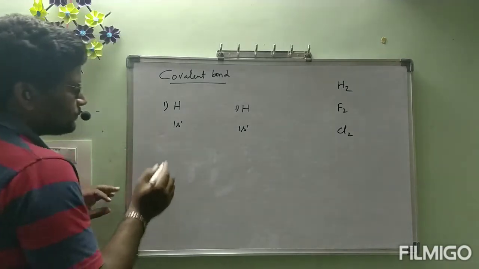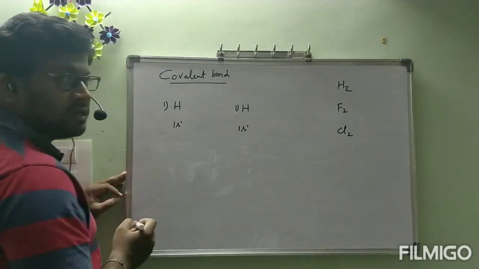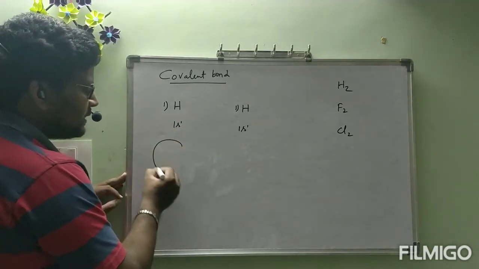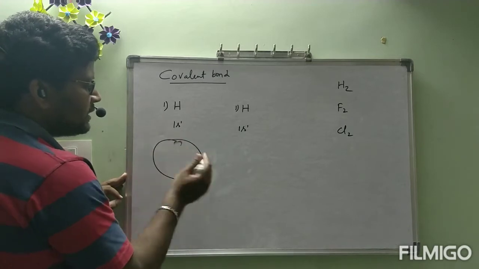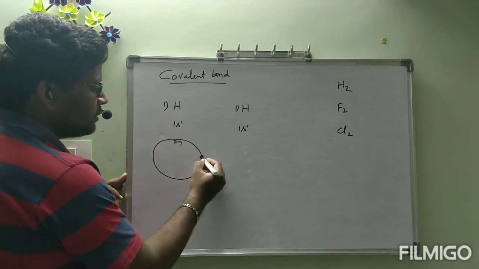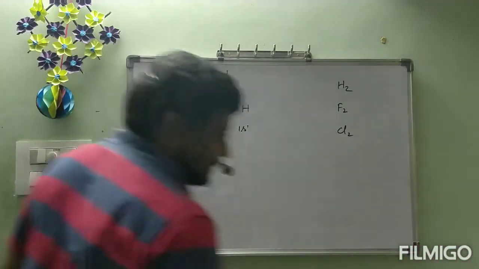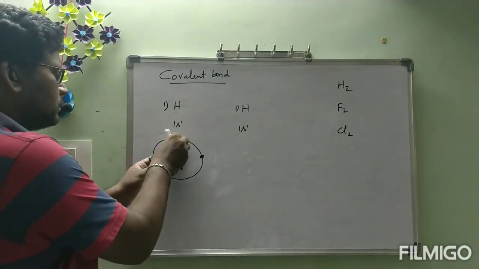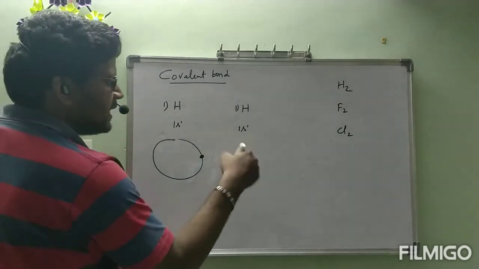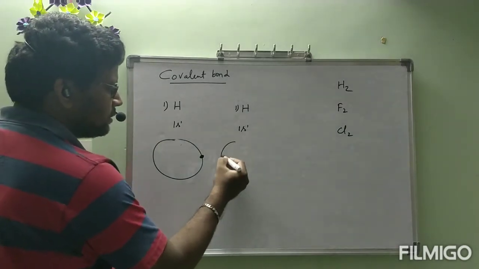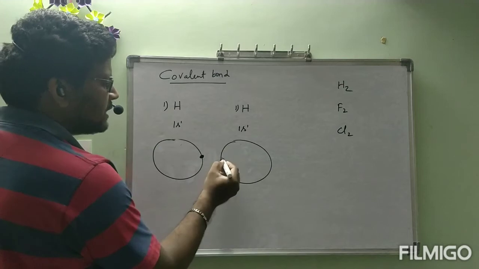Then see, what is the shape of s orbital? S orbital shape is spherical, spherical with one electron. Same, the second hydrogen also is spherical with one electron.